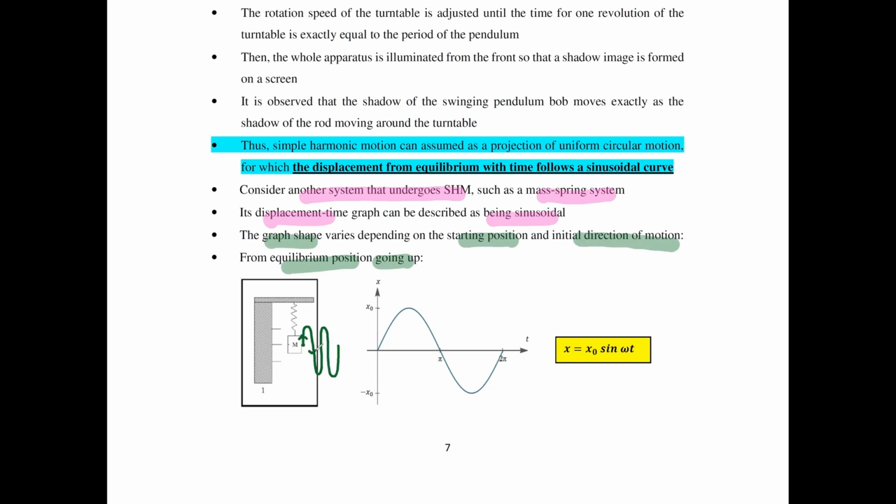So if you were to try and visualize its displacement with respect to time, it will be at the equilibrium position going up. So your graph shape will be something like this. Now, when you have a graph shape like this, the equation that represents it is generally x equals x naught sine omega t. There will be a sine function here because it's a sine graph.